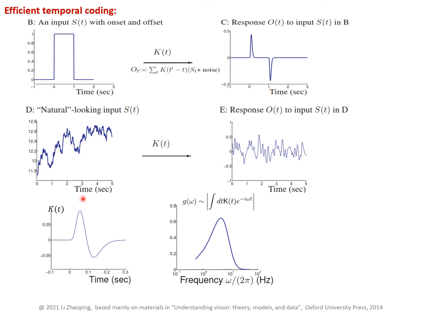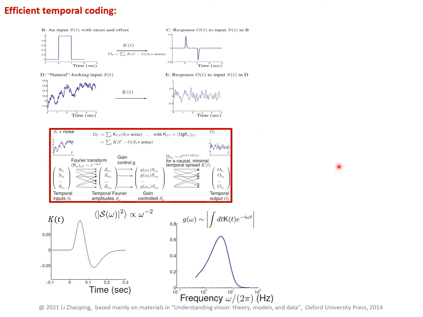And the time scale in this integration window or in this filter should be similar to the time duration of each of these output pulses. This predictive coding filter removes the redundancy so that the output is less redundant and the responses are more transient.